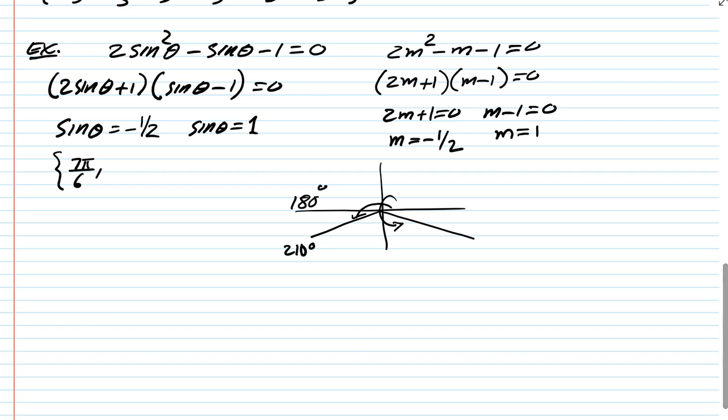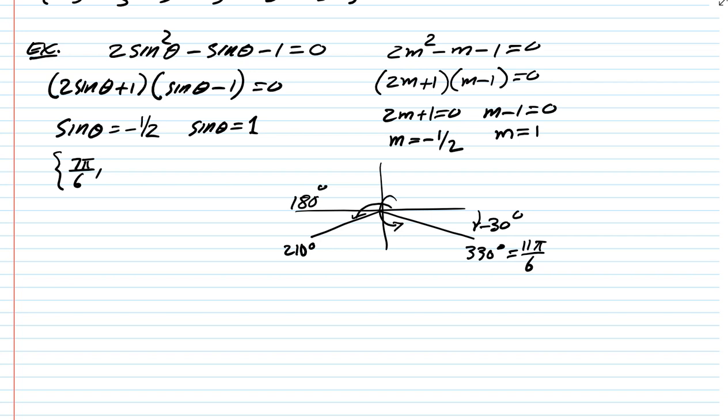Correct? That's 7 pi over 6. And let's find another one. The other one, this would be 30. That's 330 degrees, right? Which is 11 times 30. That's 11 pi over 6.